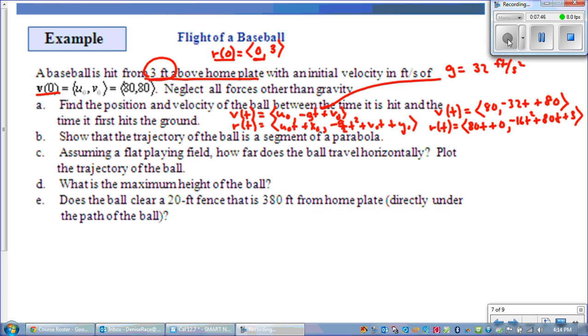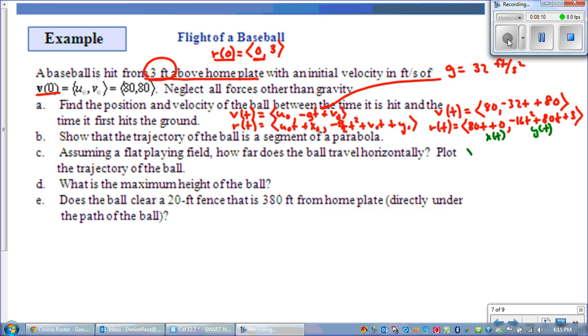We want to show the trajectory of the ball as actually a part of a parabola. Now to do that, we're going to take the two equations and try to eliminate the variable t. Now look at your position function, r of t, which is made up of your x of t and your y of t. Now we'll recognize a parabola when we see it in terms of x's and y's.